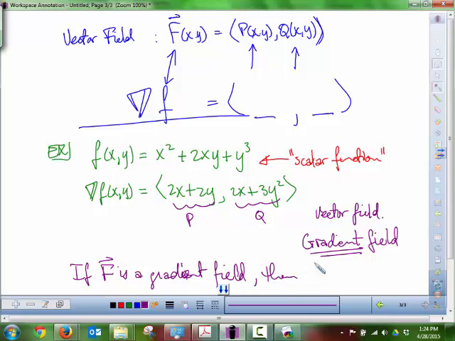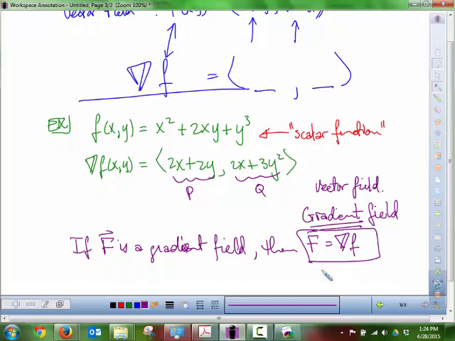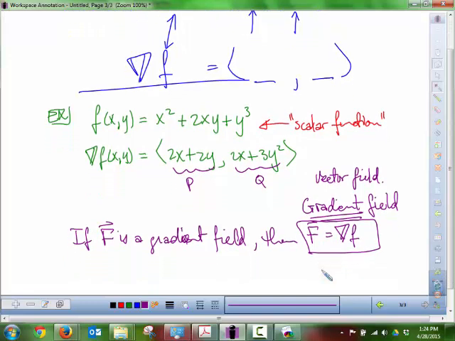Notice the gradient field is denoted by capital F. It turns out that capital F is actually equal to the gradient of little f. And this relationship is going to become important for us, because if this is a true relationship between capital F and some little f, then we have a gradient field. And that is also called a conservative field.